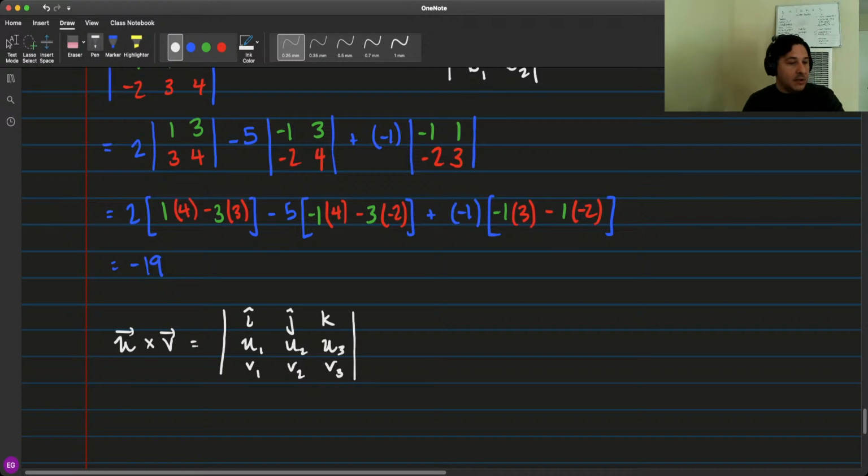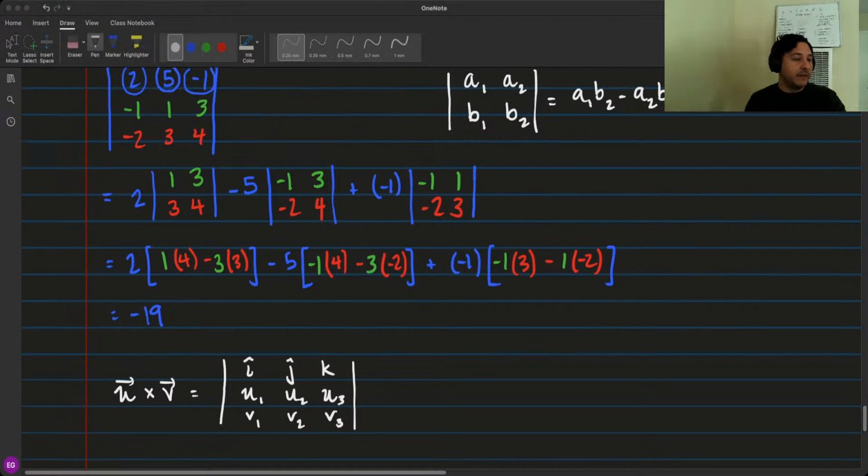So calculating the cross product is related to calculating the determinant. But the cross product formula is not the determinant formula. You use the determinant formula when you calculate the cross product. Does that answer your question? Cool.